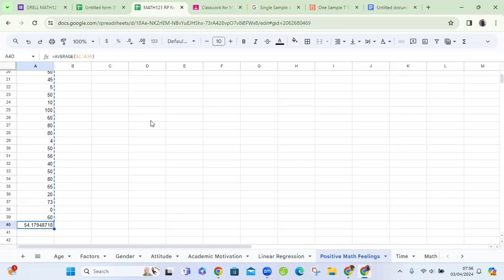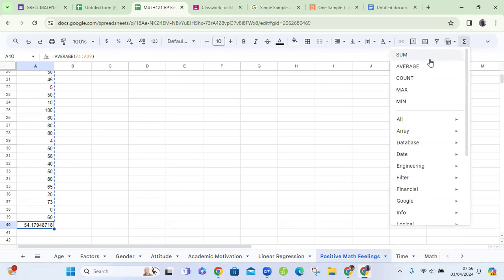Now we got an average of 54.2 because we used the formula for average here. So if this sample, which is a fraction of the population, is 54, then we must be hypothesizing that the population mean is greater than a value below 54.